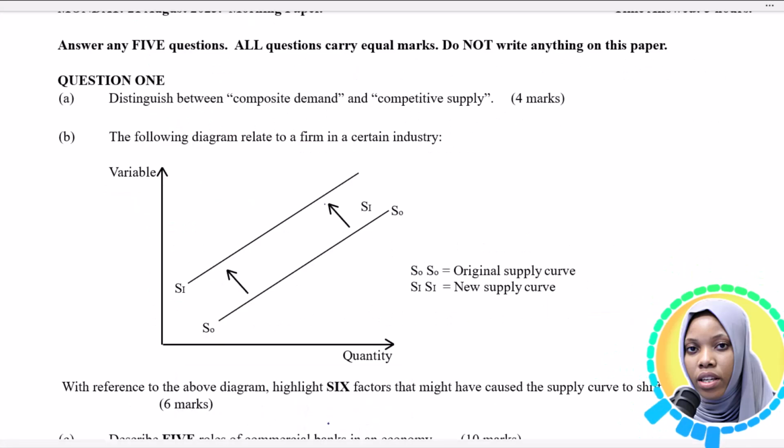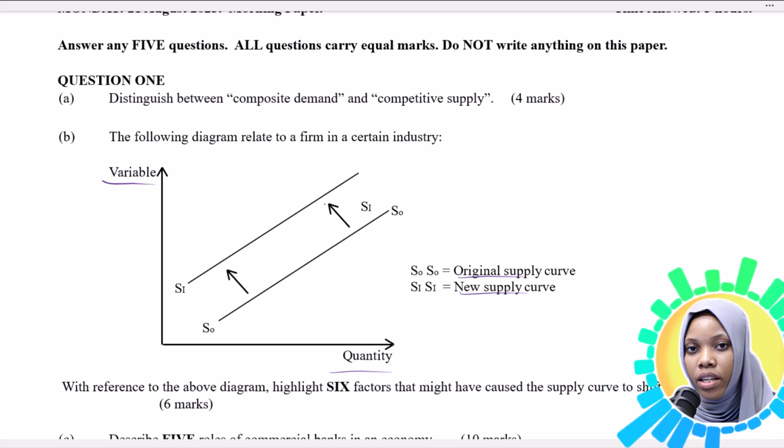Part B says the following diagram relates to a farm in a certain industry. We have the variable, the quantity, and then the original supply curve and the new supply curve.